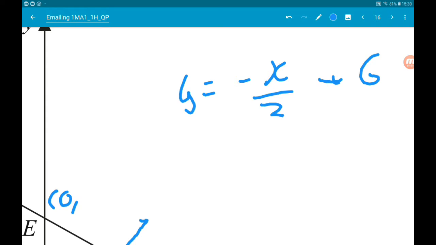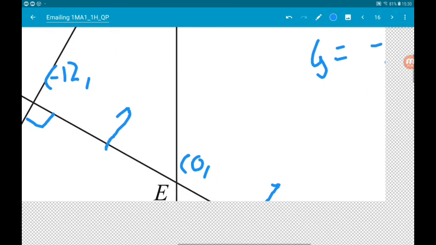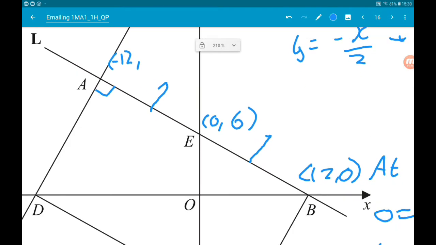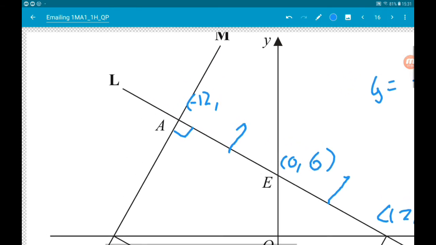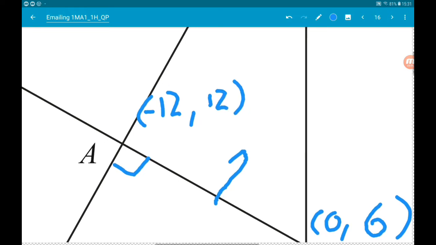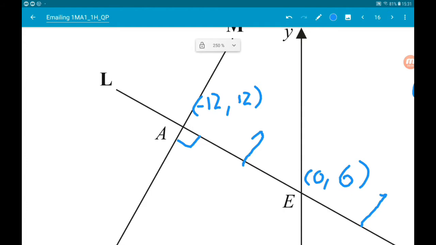So y is 6 at E. Now again, E is the midpoint, so it's 6 up from B, so A is 6 up from E. So the y coordinate at A is 12. So we now have a pair of coordinates, minus 12, 12.